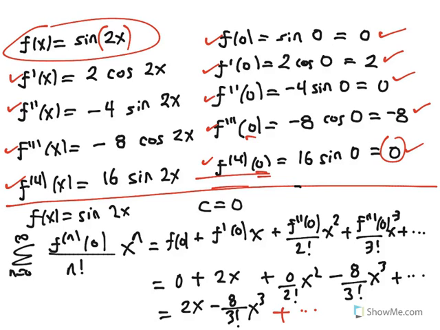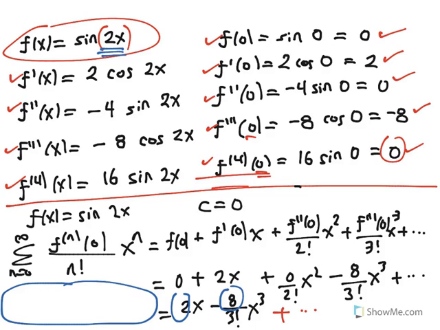The only difference between this problem and example 1 is in example 1 we had f of x is equal to sine x, and in this example we have f of x is equal to sine of 2x. You may be able to see some similarities between the two Maclaurin series, and see if you can notice some patterns about the coefficients and write a description of the nth term.